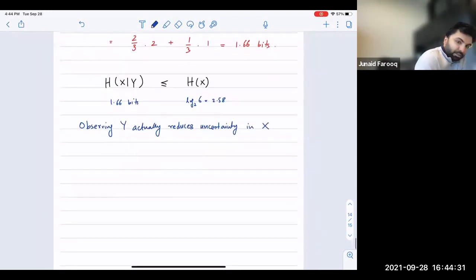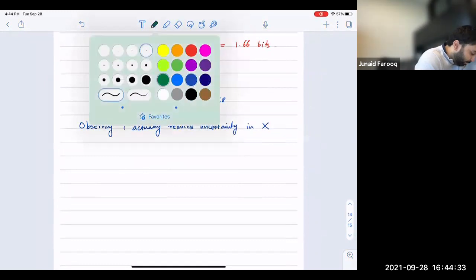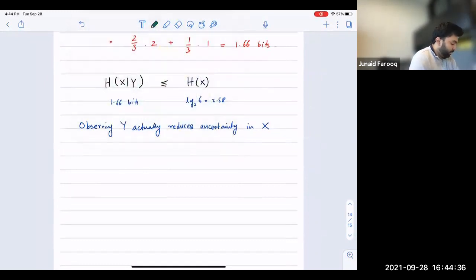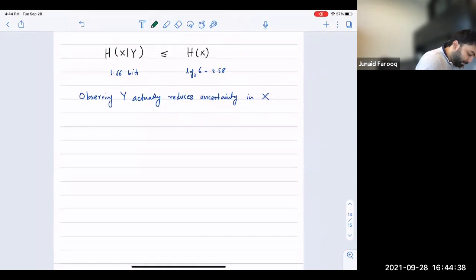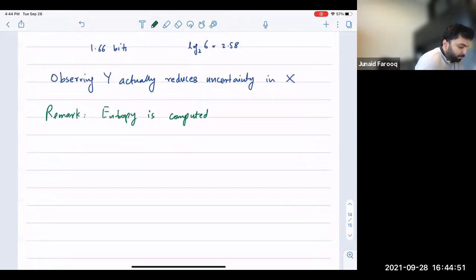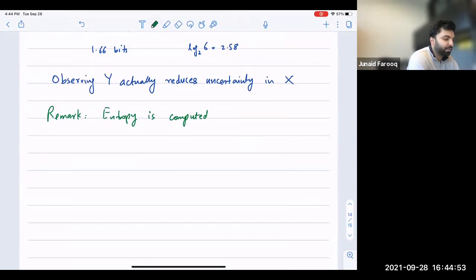Okay, so just a summary remark here before we move on. The entropy is computed using a probability mass function. So whatever the x values are doesn't matter. What really matters is the probabilities of the outcomes or events.